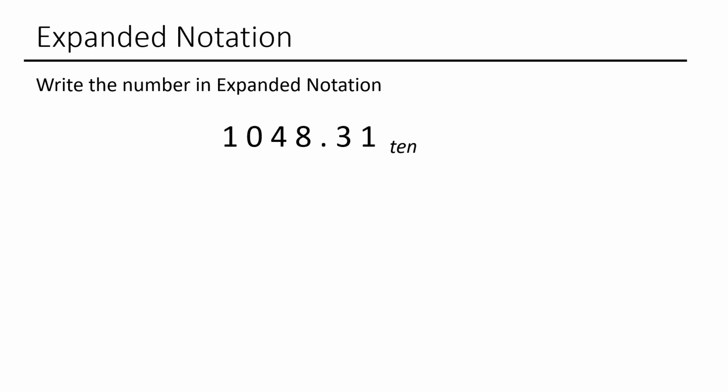The next set of problems are going to ask for you to write the number in expanded notation. So in order to do that, I decided we would start with an example in base 10. So we're going to look at this 1048.31 in base 10, and we're going to write it in expanded notation. The first thing we're going to have to do is label all of our place values.